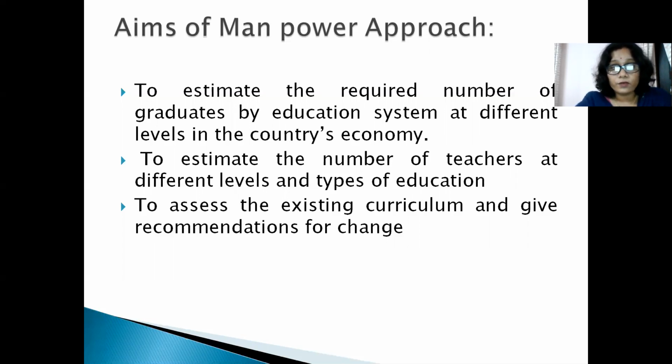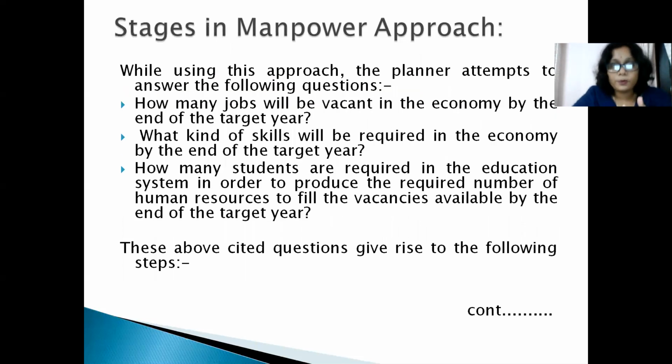That means first of all to estimate how many graduates are required in a particular sector. The second aim is to estimate the number of teachers in that particular sector to teach, to train up the inputs. And the third is to assess the existing curriculum: is it okay, or is there any necessity to upgrade that curriculum? These are to be assessed. So these are the three main aims of this manpower requirement approach.